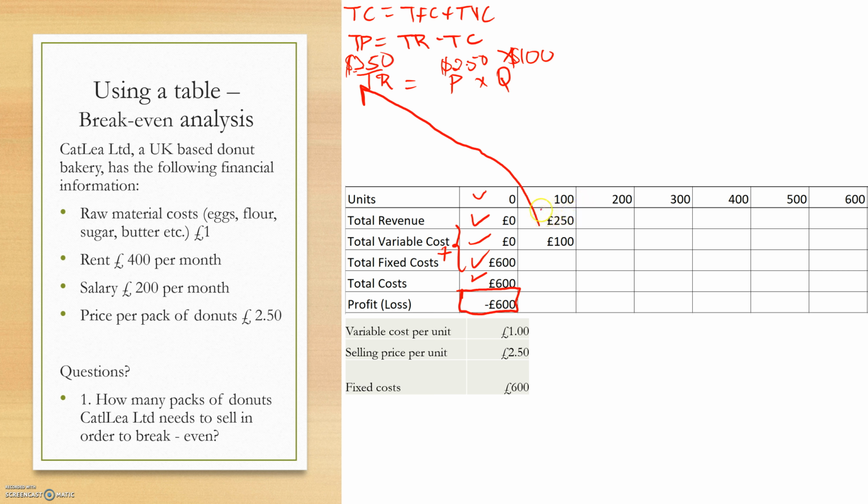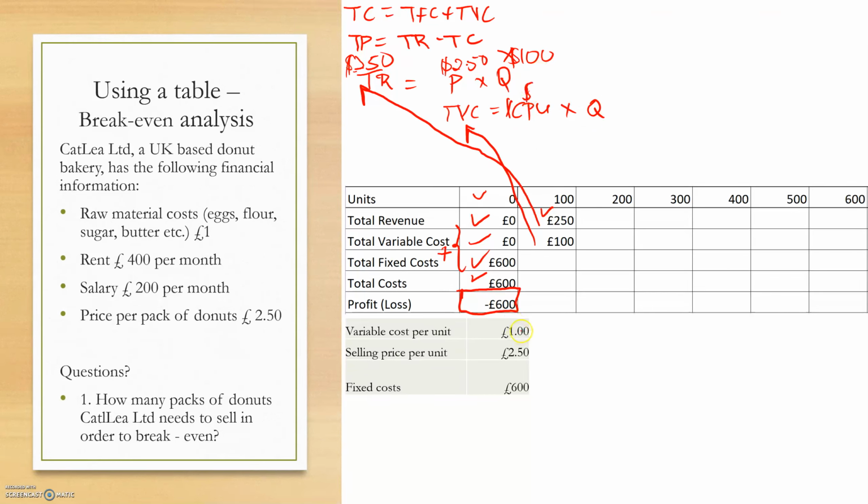Here we have it. For the total variable costs, again, it's the variable costs per unit times quantity. Variable cost per unit, we know it's 1 pound with all the raw materials.